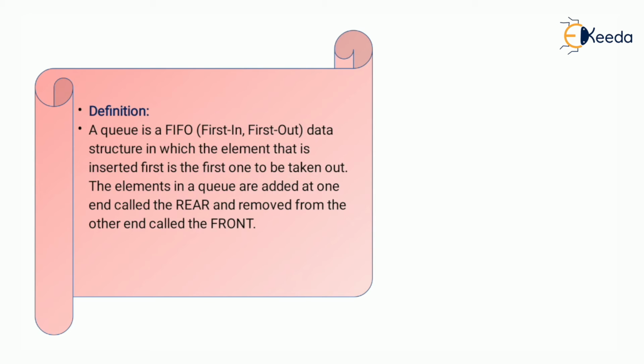In a bank, to deposit money there is a queue, and we are standing in the queue to deposit some money. If we stood first in the queue, it is our chance to deposit our money first and be taken out from that queue.